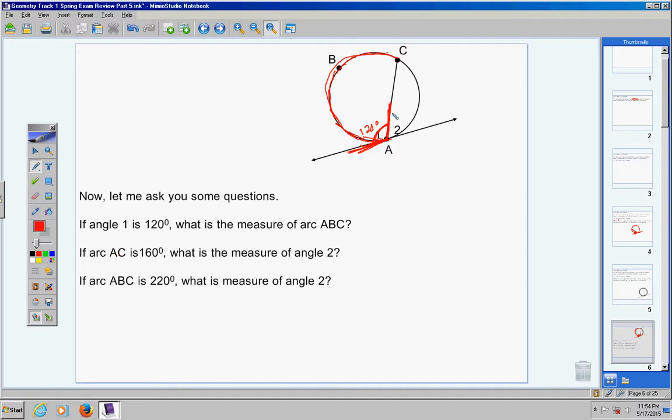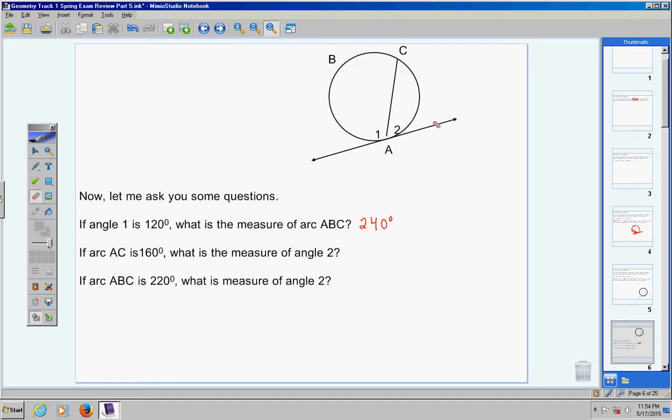Think of your theorem: the angle is always half as big as the intercepted arc. So if the angle is 120, multiply that by 2. The measure of the arc has to be 240 degrees, because half of that is 120. So this angle is half of this intercepted arc.